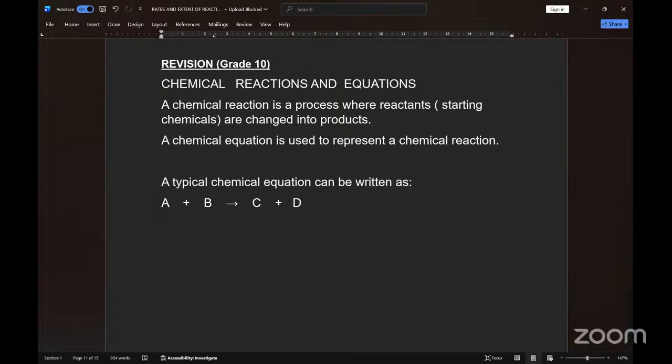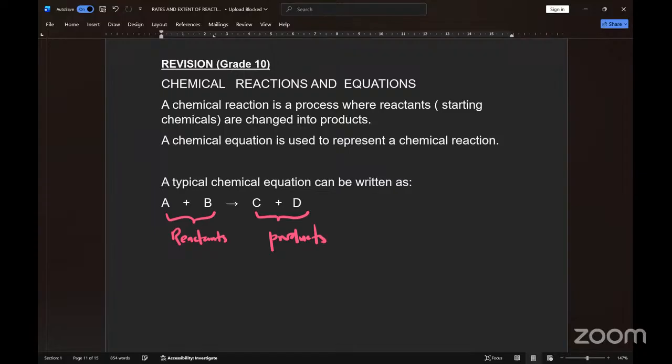I'm saying that a typical chemical equation can be represented like this. Now, your A and B are collectively called reactants. And your C and D are called products.